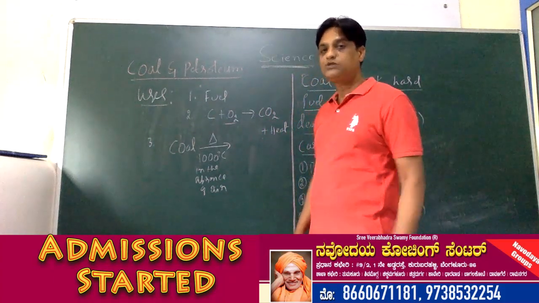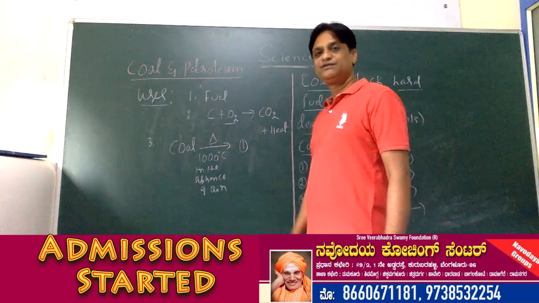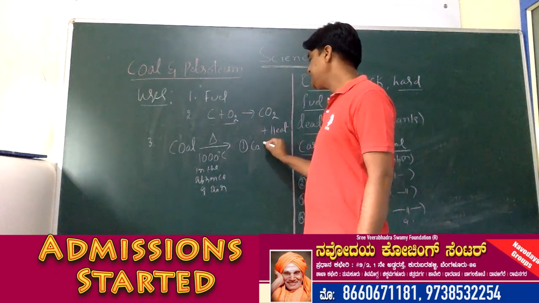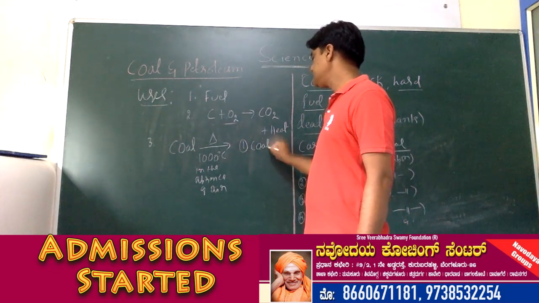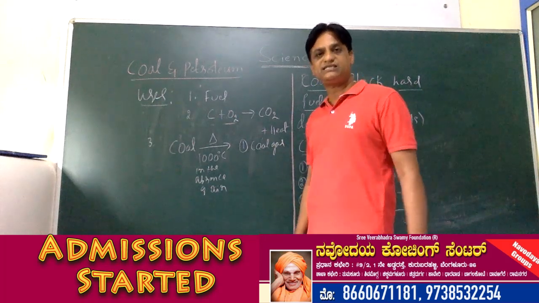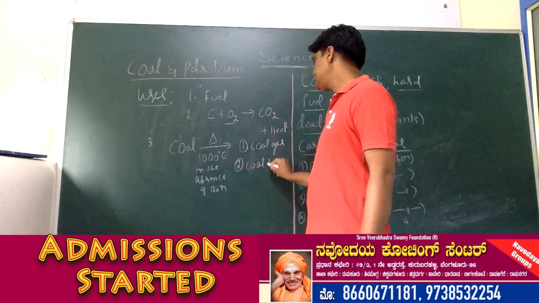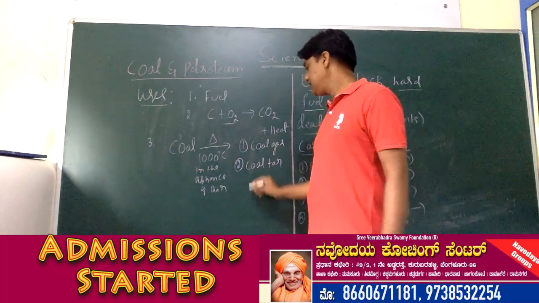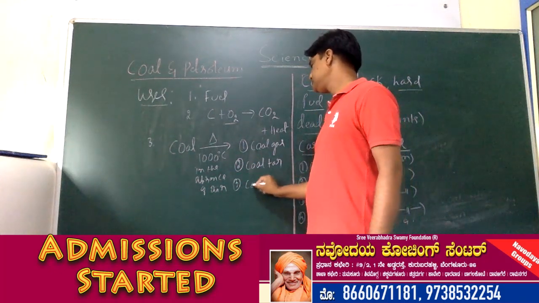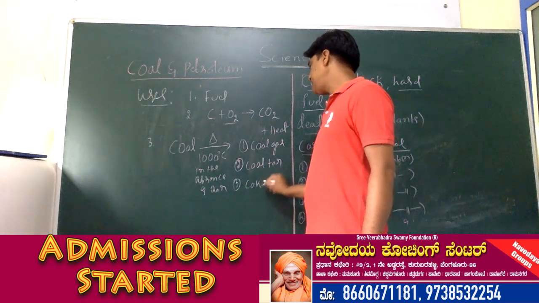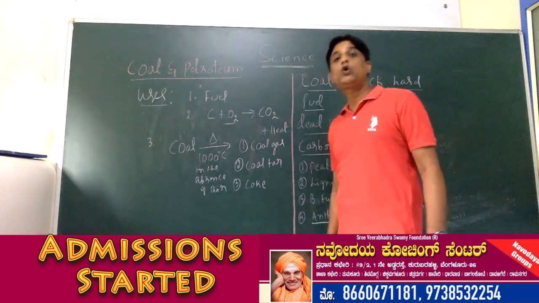coal decomposes into three fractions. First one is the gaseous fraction, which is called coal gas. Second one is the liquid fraction, which is called coal tar. And the third fraction is a solid fraction, which is known as coke.